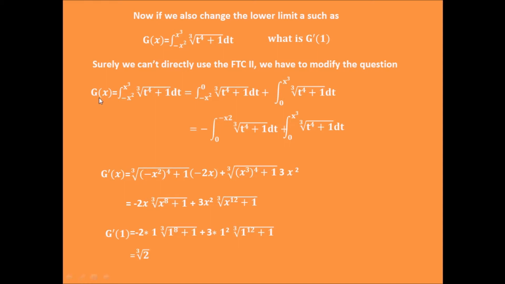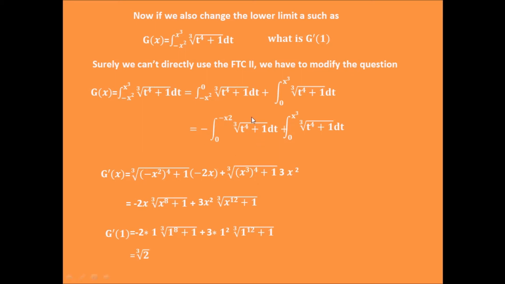So the g(x) integral can be written as two parts. One is from minus x squared to 0, and another part is from 0 to x cubed. Then we can change this lower limit to the upper limit, so we put a minus in front of this integral.